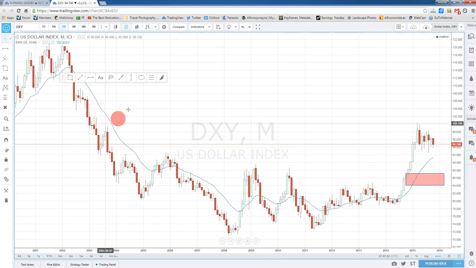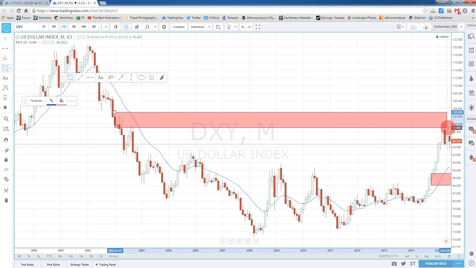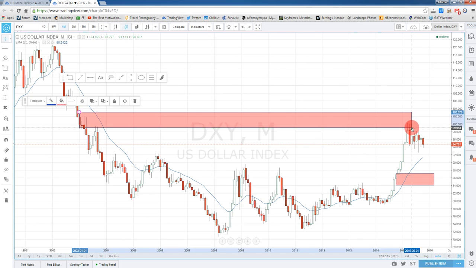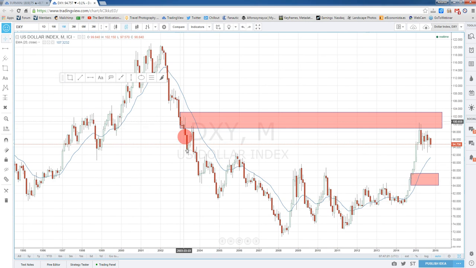So now we have this one over there on the monthly, tested on departure, and this is what we have right now. Clear? Why is that supply? Because when it dropped, it removed this demand. Dropped, removed it.